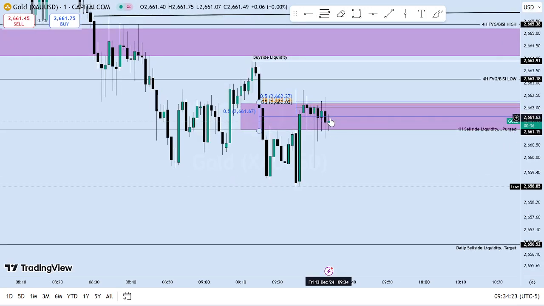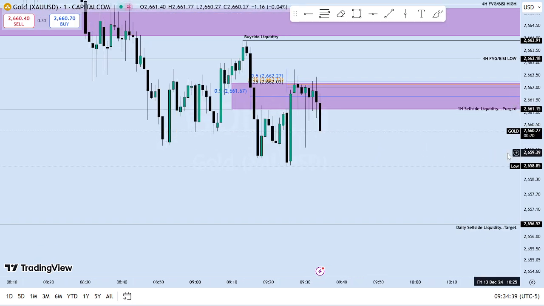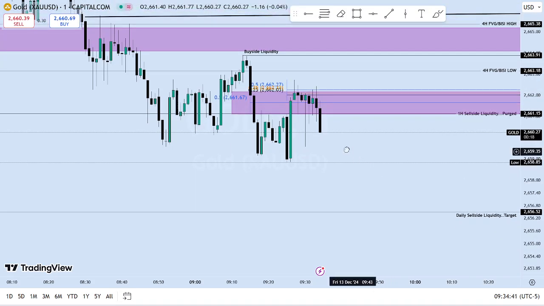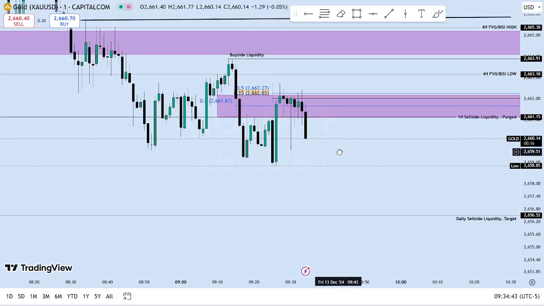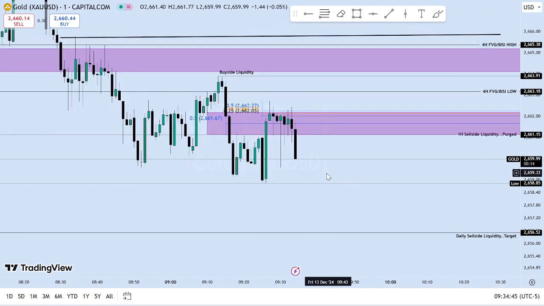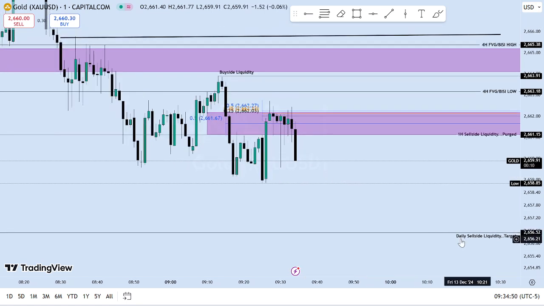You can see it trading below it. That's the 50% target here.